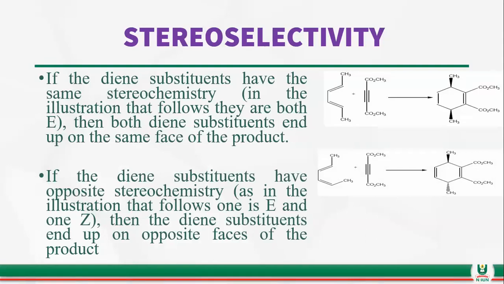But in Z and E isomers, one substituent is bulkier than the other, yet you can still recognize that those two bulky groups, though not being the same, are on the same side of the plane: that is the Z isomer. If those two bulky groups are on opposite sides of the plane, it's called the E isomer, which is your trans isomer.